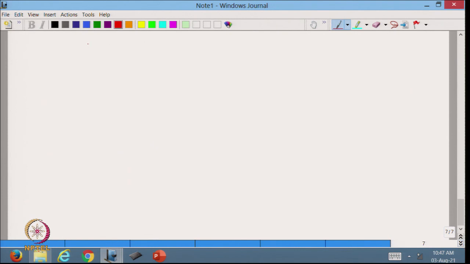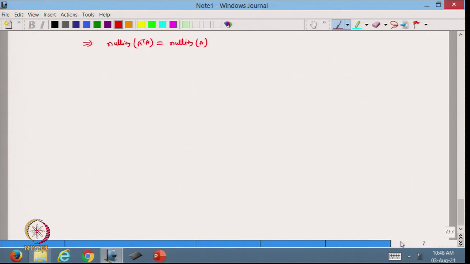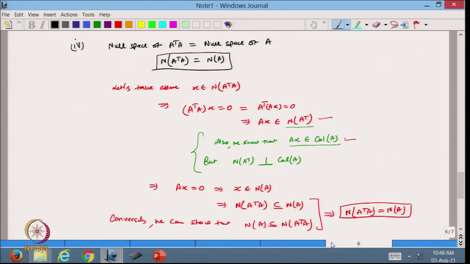After doing this, from the null space of A and the null space of A transpose A, I can say that the nullity of A transpose A is the same as the nullity of A. So this is the fourth property.